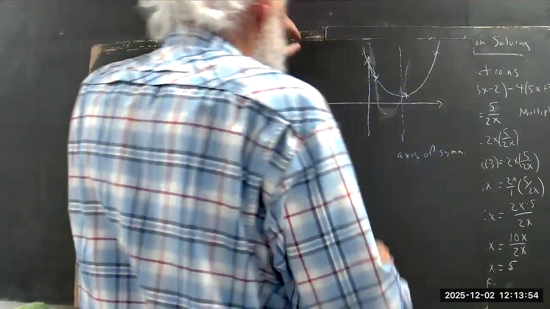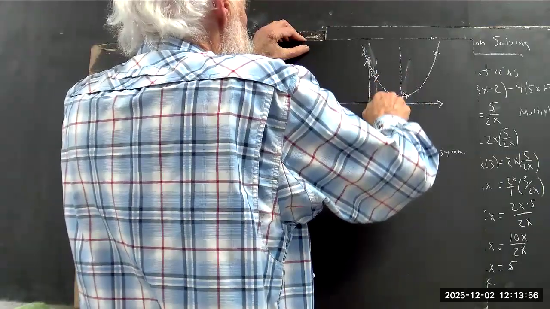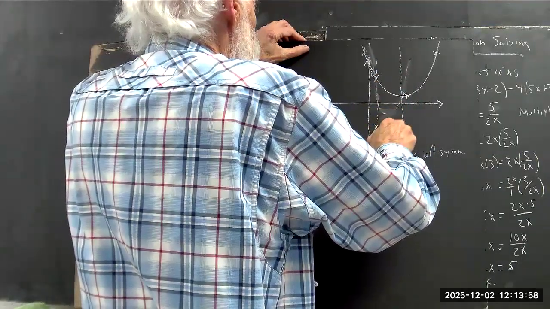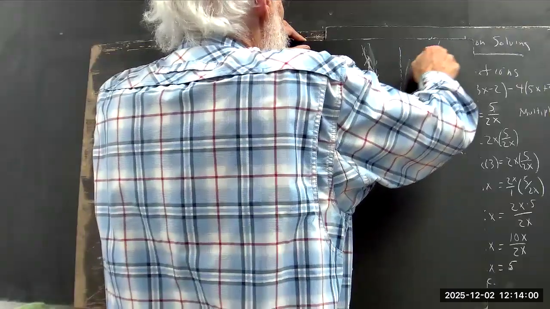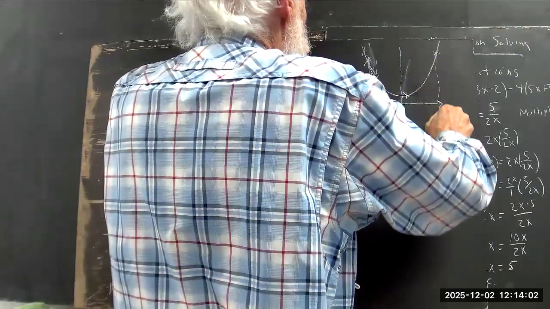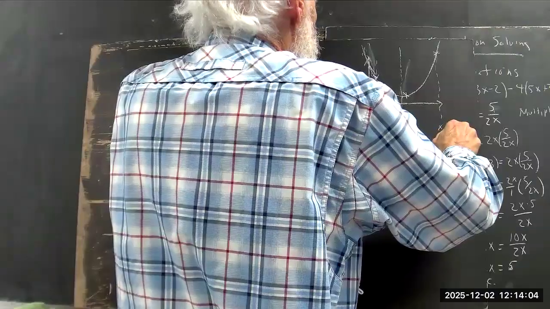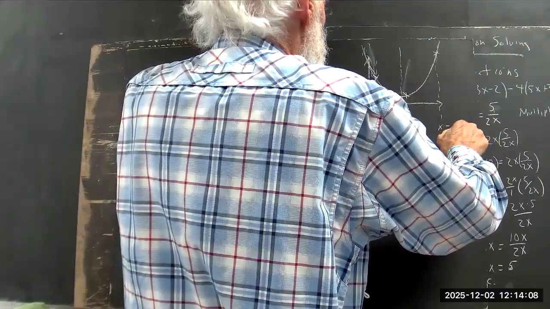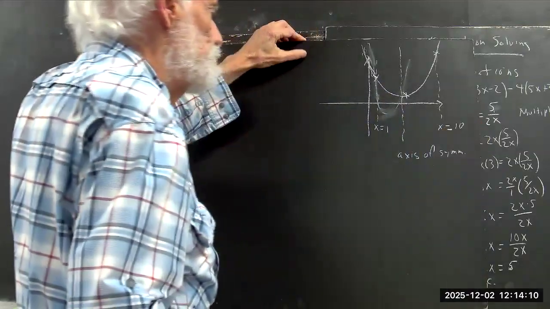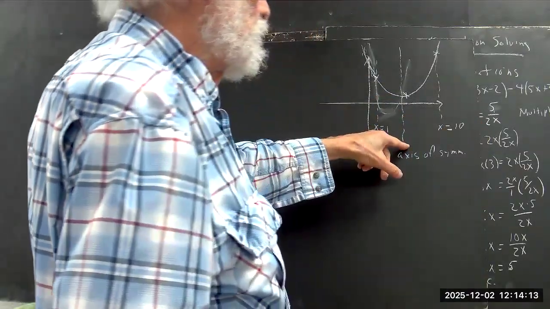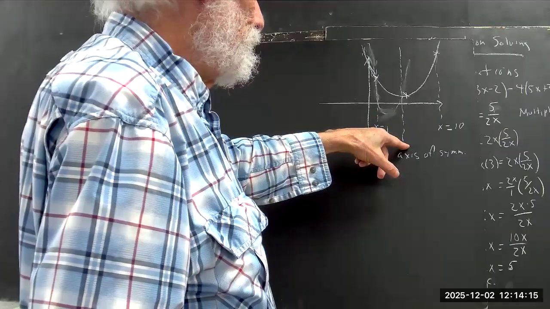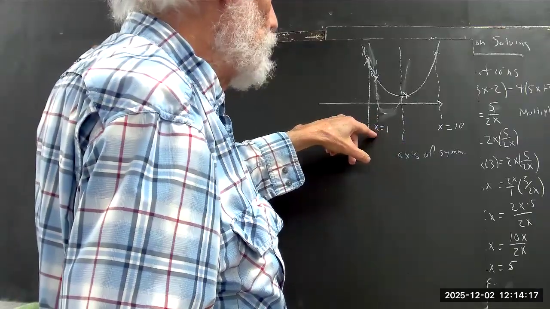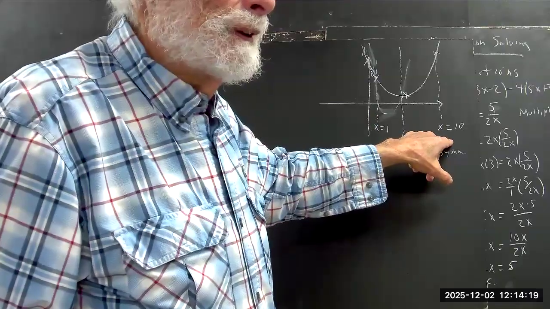Now let's just say that this is the line x equals 1. This is the line x equals 10. What could this line be? Well, x would be between 1 and 10.